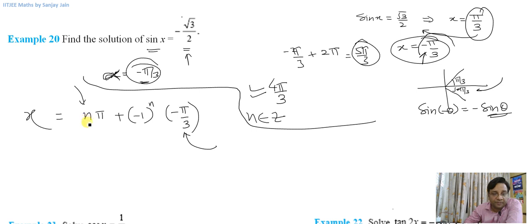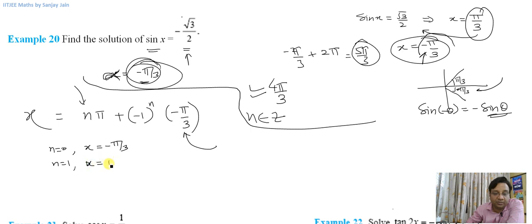For example, let us start with n equal to 0. If I put n equal to 0, I'll have x equal to minus pi by 3. If I put n equal to 1, I'll have pi minus minus, that is plus pi plus pi by 3.